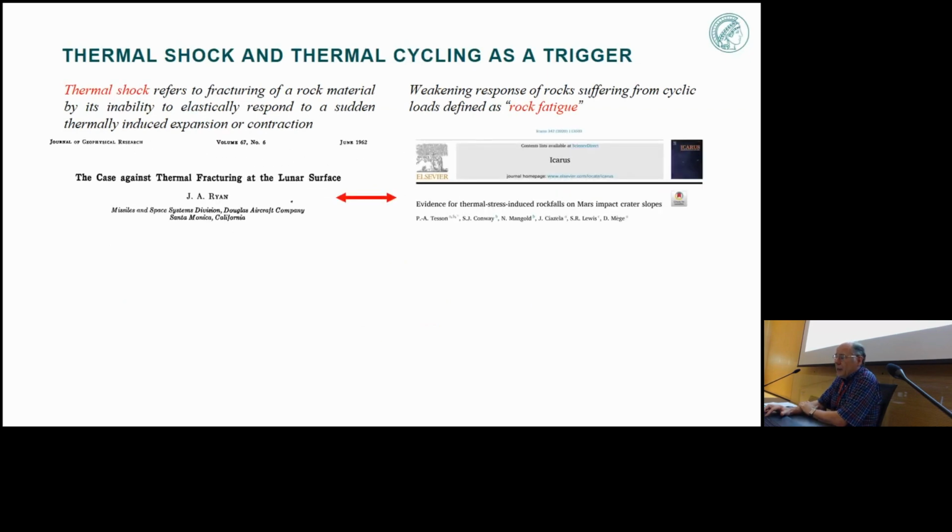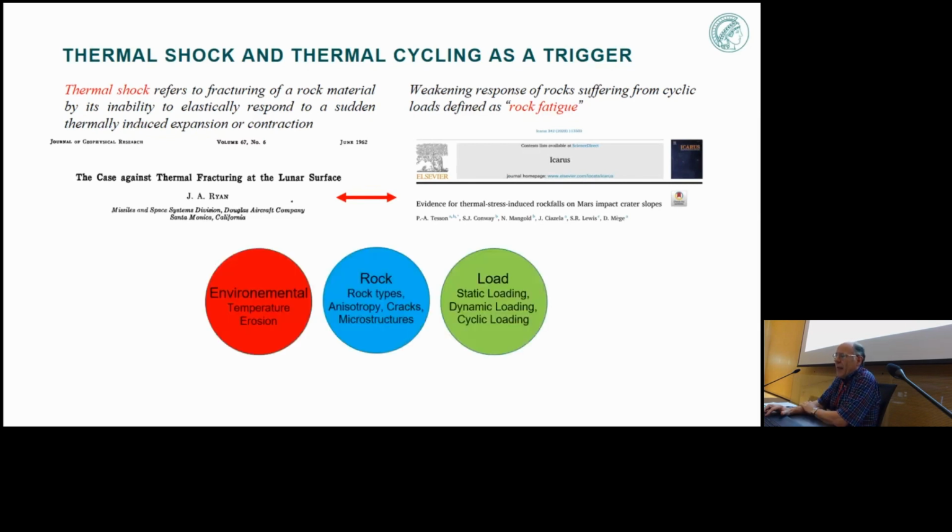If you go into the literature, you see the extreme cases, from people arguing that there should be no thermal fracturing taking place, to the fact that we have now observed on Mars thermal stress-induced rock falls on the crater slope. And if you go through recent literature, you find a lot of contradicting papers on this subject. We are clear there are several factors.